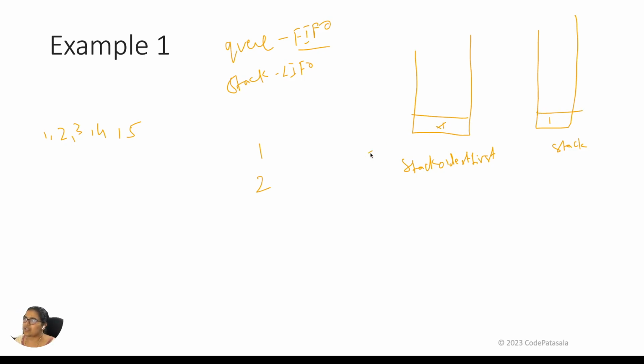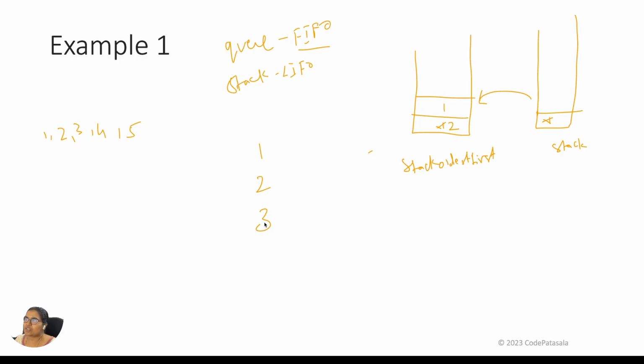Next add the current element we are inserting to this stack. Then bring back elements from this stack to this stack again. So 1 comes here. If you see, since we put it in the other stack and brought it back, the order is reversed and the oldest became the top automatically.